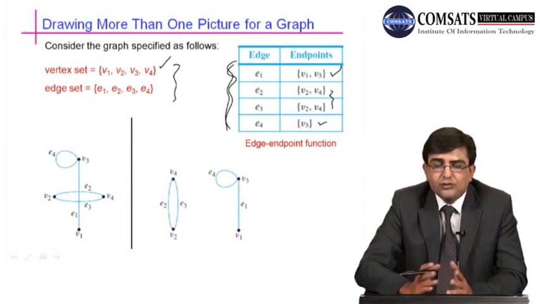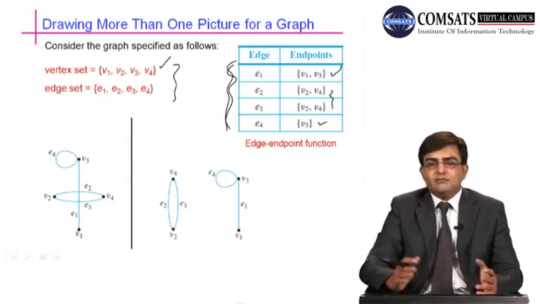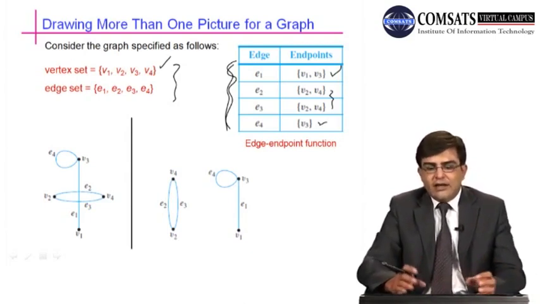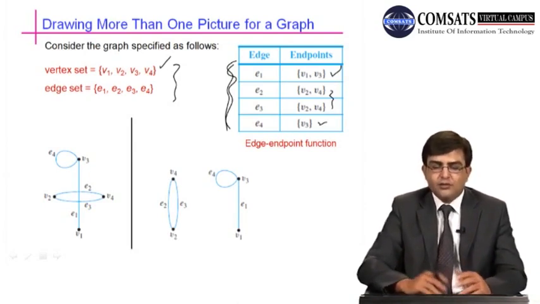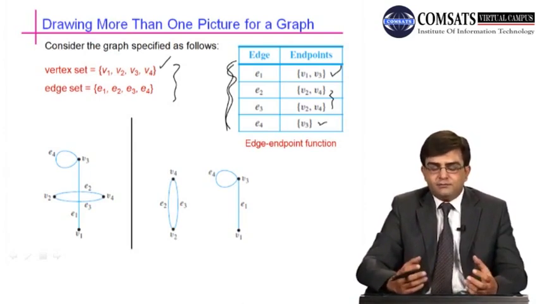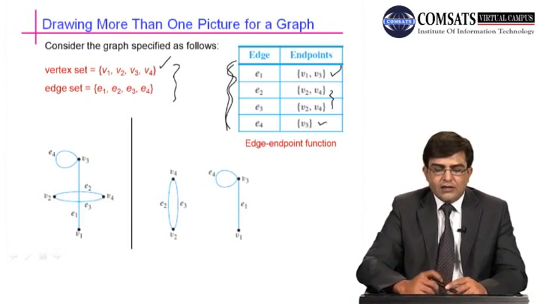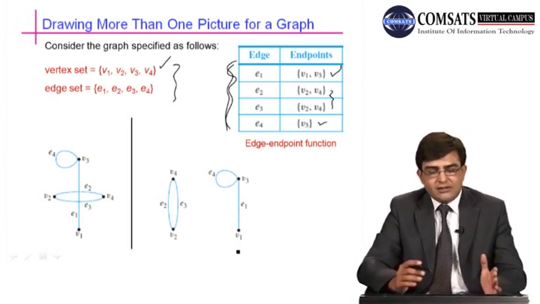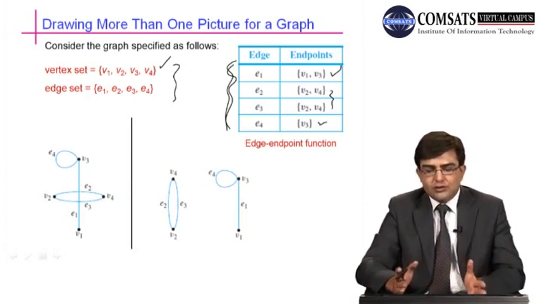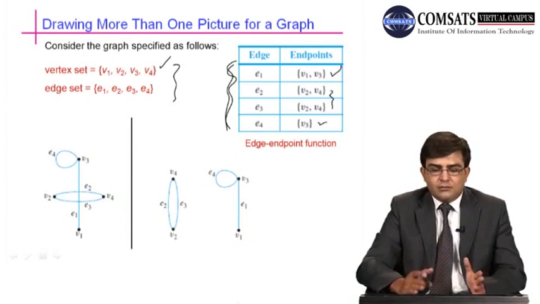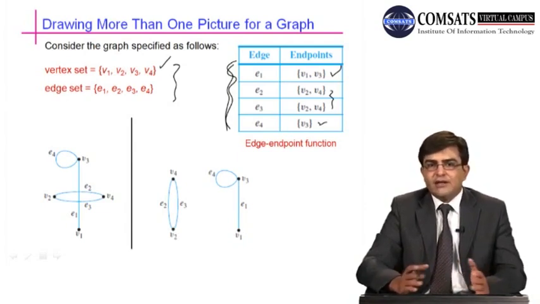In most cases, any two students decide different positions of the vertices in the graph, and so the picture or the graph may look different in both cases.